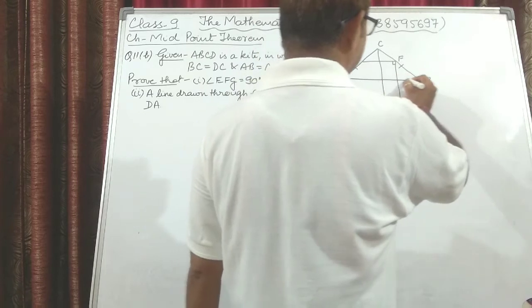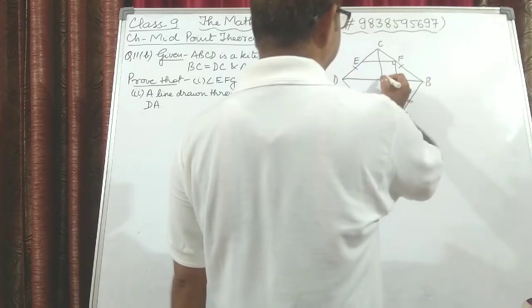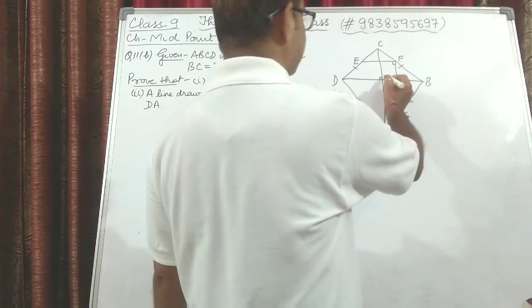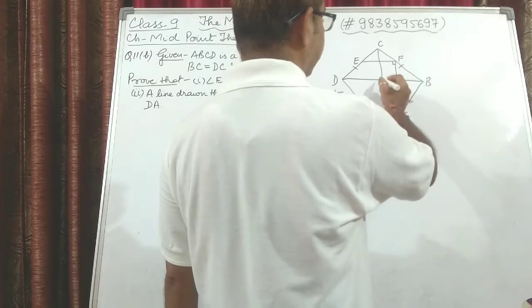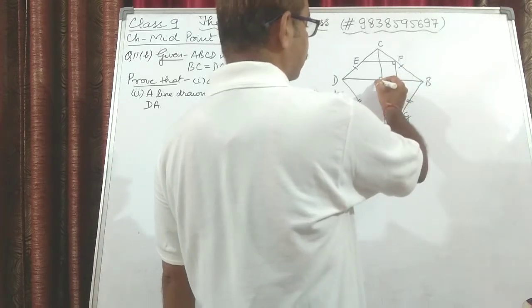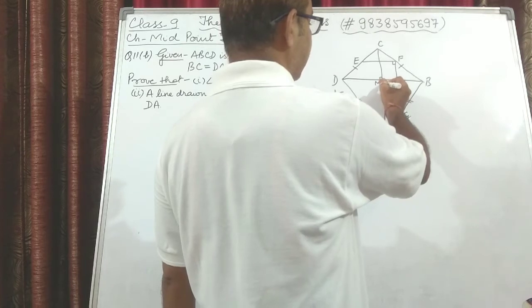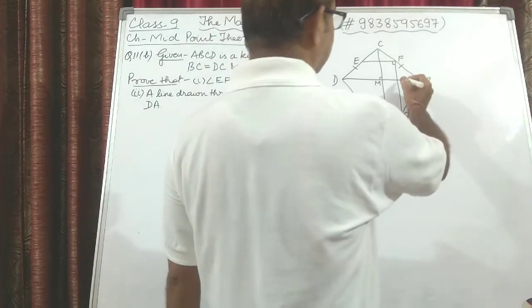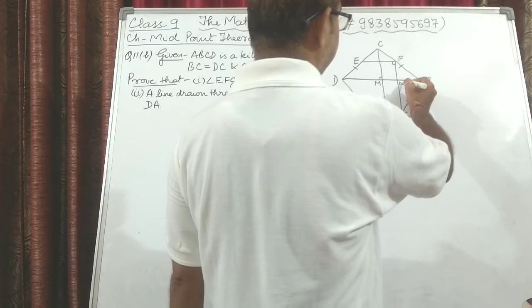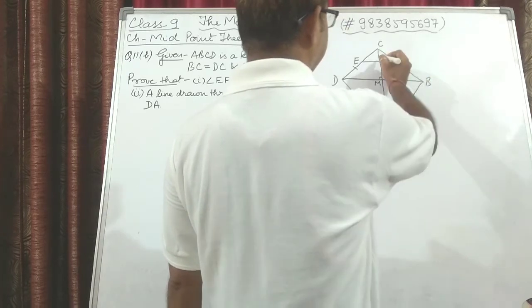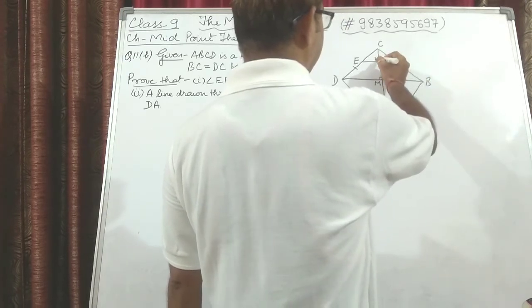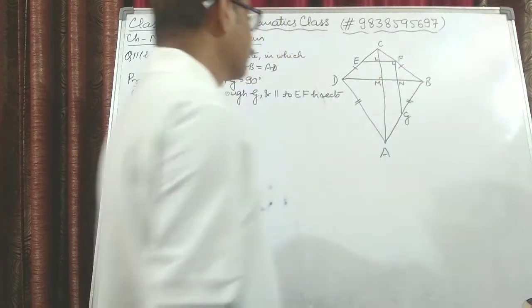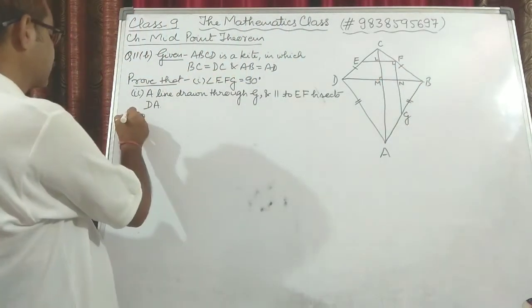These are the diagonals and they intersect each other at 90 degrees. The intersection point of the diagonals, let this point be M, and let this be L, M, N, right?